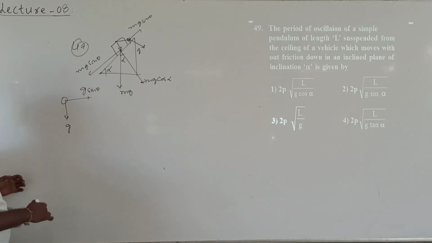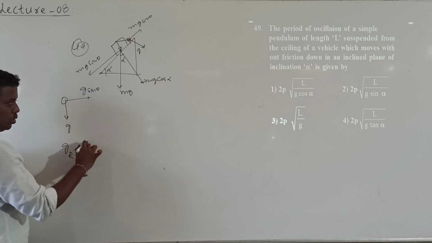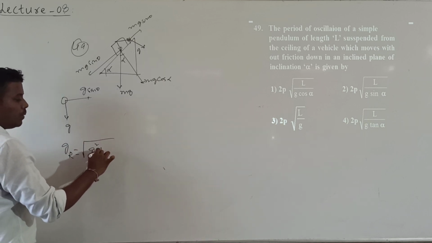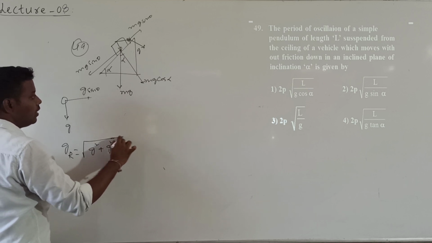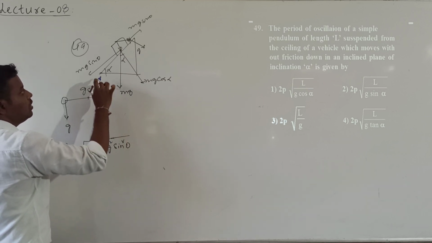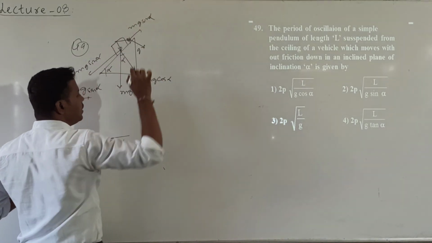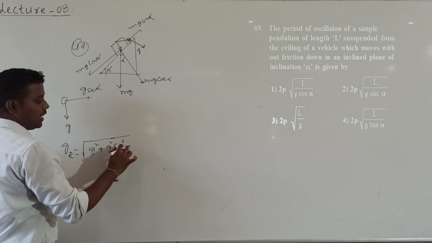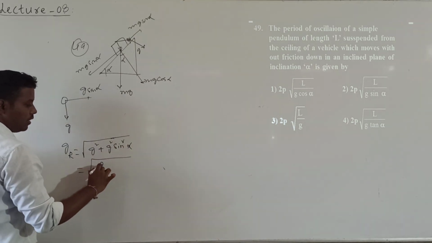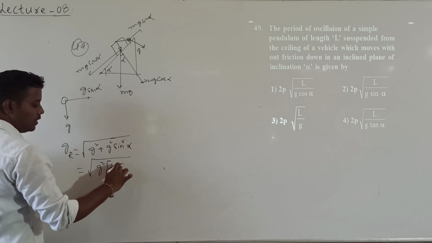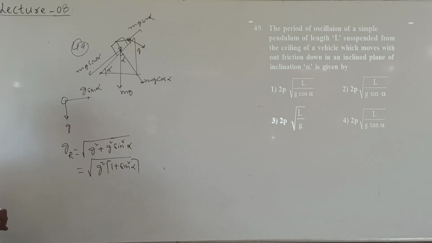Okay, now? So what is the resultant acceleration? G resultant is given by root over g square plus g square sin square alpha, because they have given the angle of inclination alpha. Can I take g square common, which gives 1 plus sin square alpha.